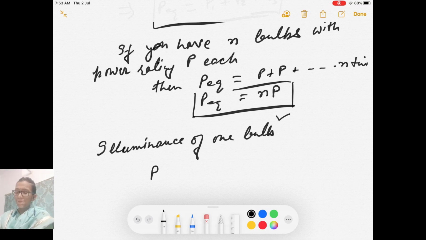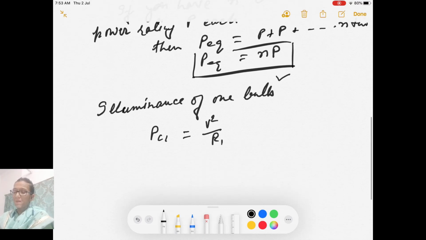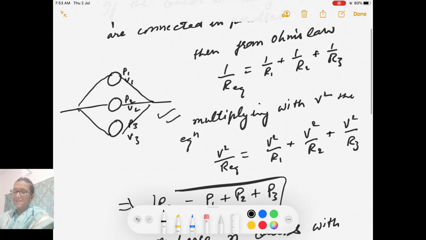Illuminance means the power consumed at one bulb. Power is equal to V squared upon R1. But we know what R1 is.